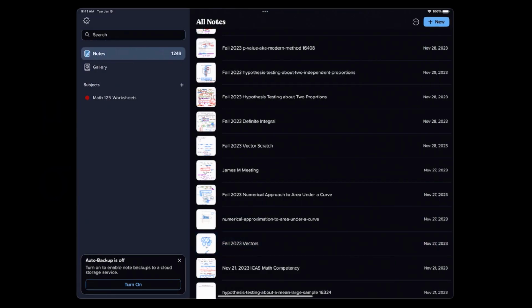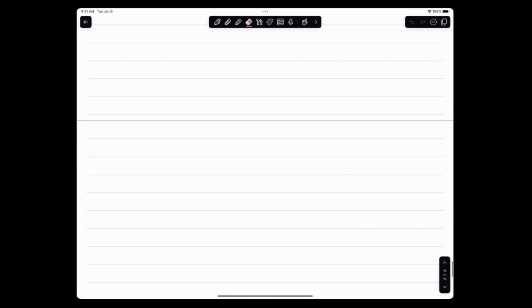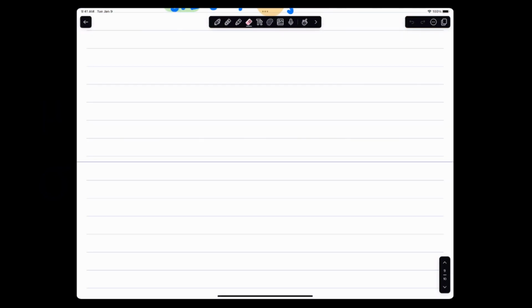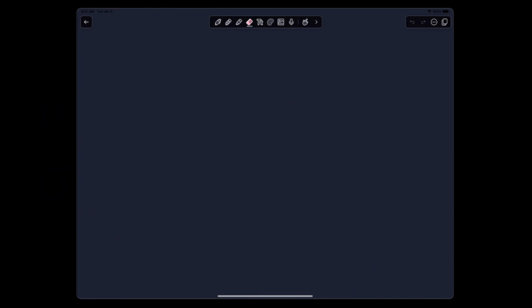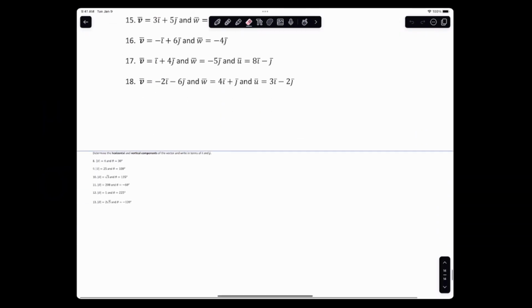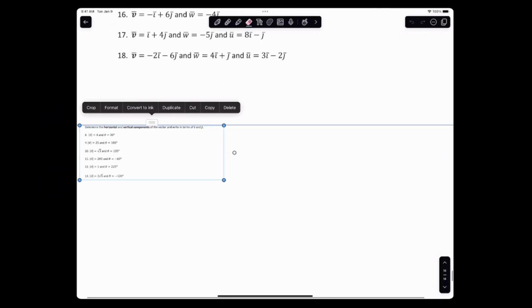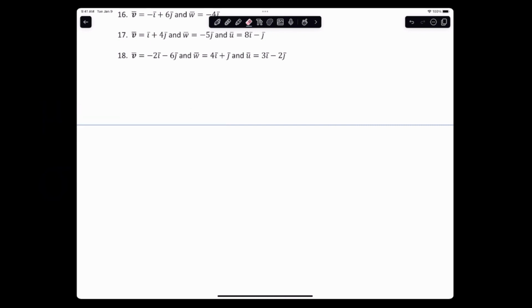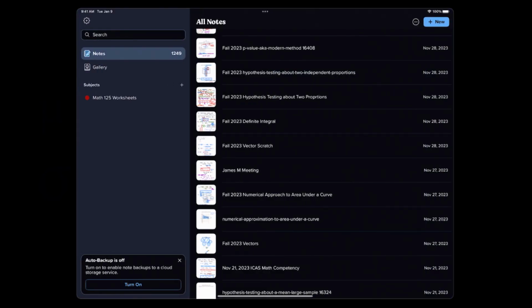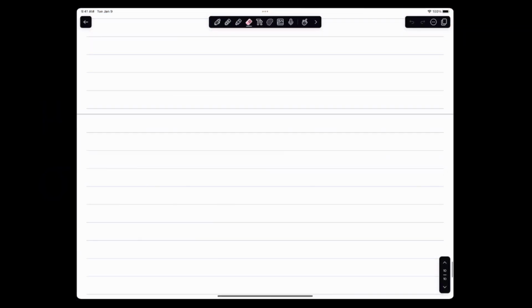Scratch. Did I bring it into the scratch, I hope? No, I bet I put it in the wrong one, but guess what? Yes, here, I'm going to get this. I'm going to cut, and I'm going to put it in your scratch here.